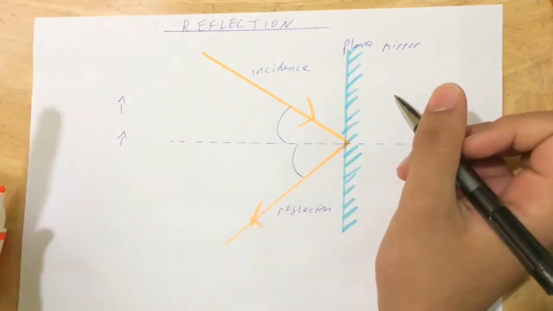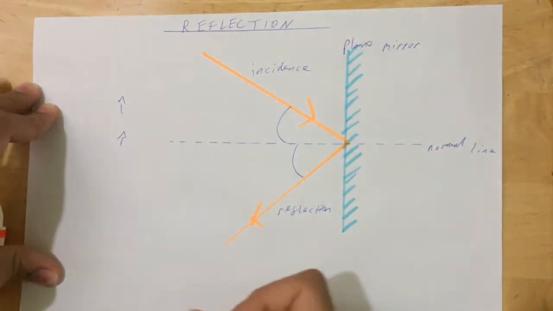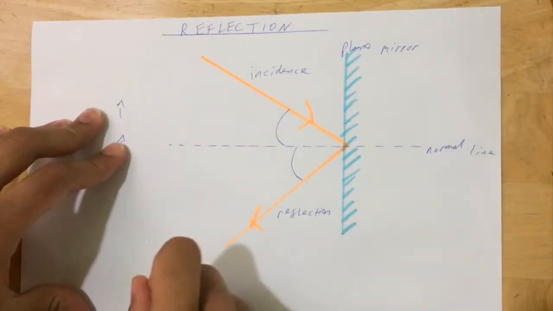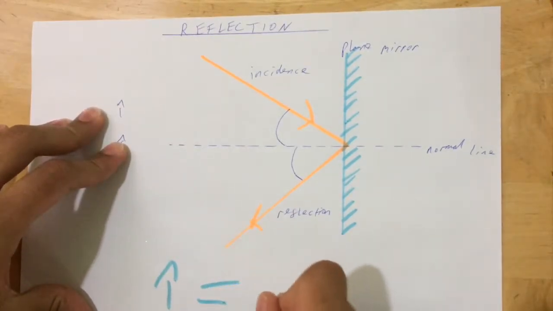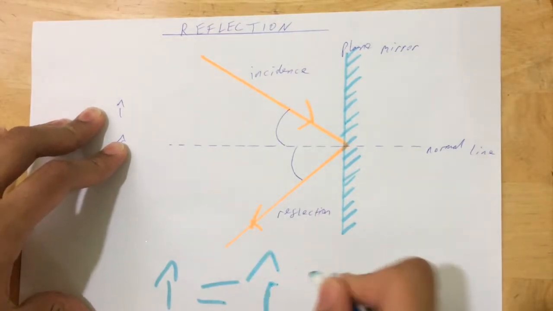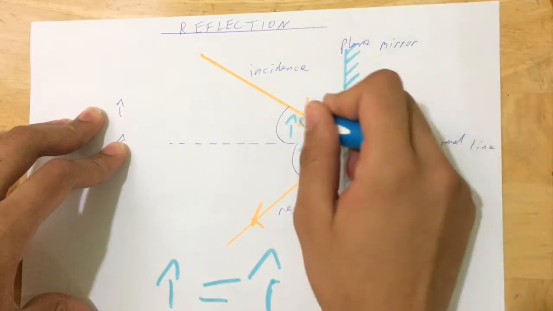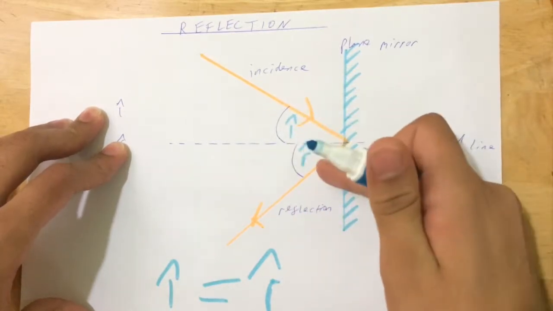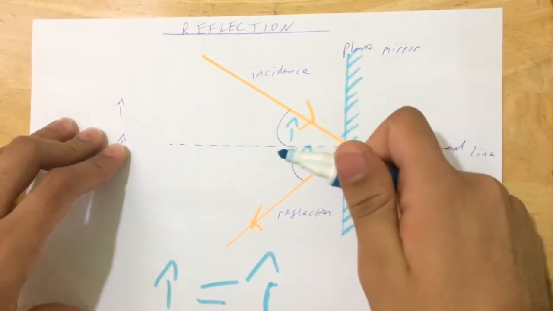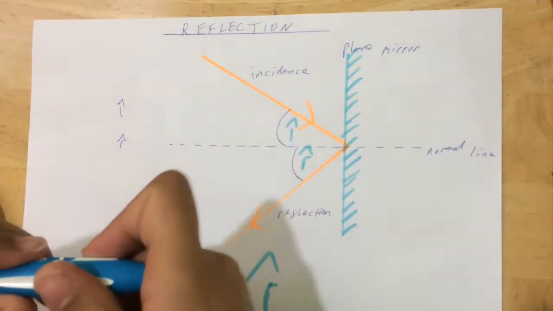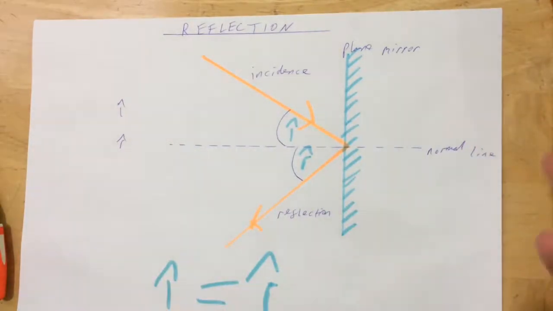And a law of reflection, which you should know, is that the angle of incidence is always equal to the angle of reflection. So this angle is the same as this angle. They will always be the same. That is how reflection works. So as you see, reflection is a very simple topic.